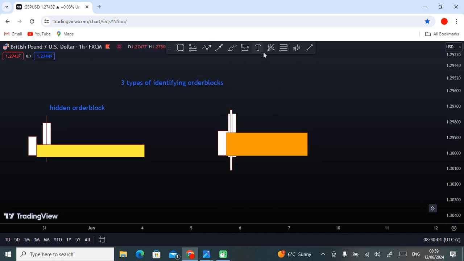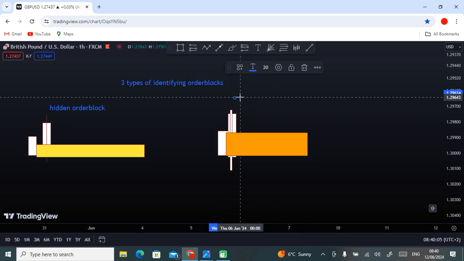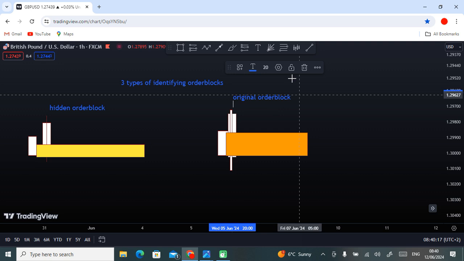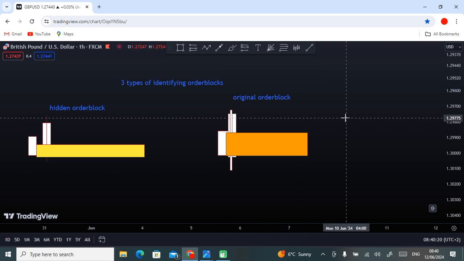So now I said we're going to write it original order block. Enter. This one is an original order block.